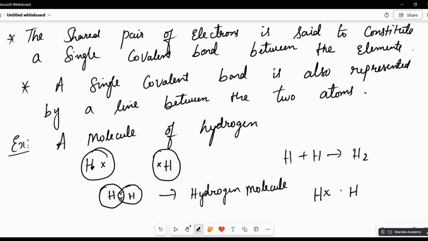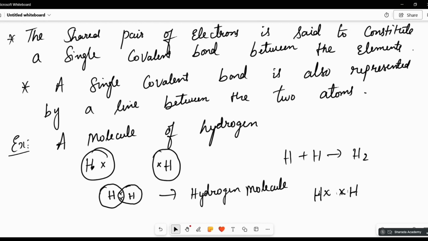This electron will revolve around this hydrogen as well as the other, and the second hydrogen's electron will revolve around both too. Altogether both have two electrons. Since they revolve around both atoms, it is called sharing of the electrons.